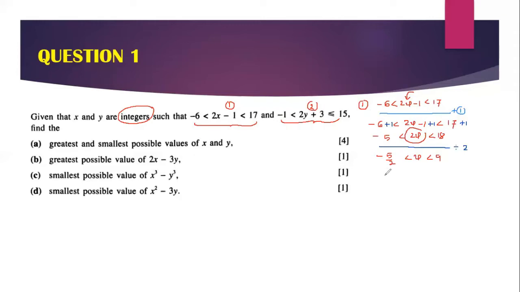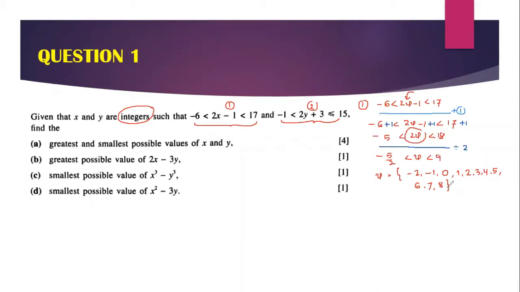The integers that satisfy this inequality are minus 2, minus 1, 0, 1, 2, 3, 4, 5, 6, 7, and the last is 8.